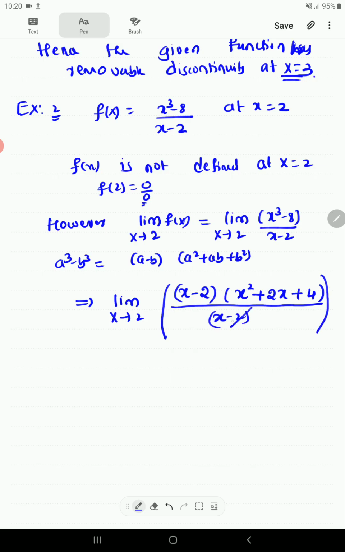Now x minus 2 I can cancel. As x is tending to 2, just put 2 wherever x is there. This will be 2 square plus 2 into 2 plus 4. So 4 plus 4 plus 4, which is simply 12.